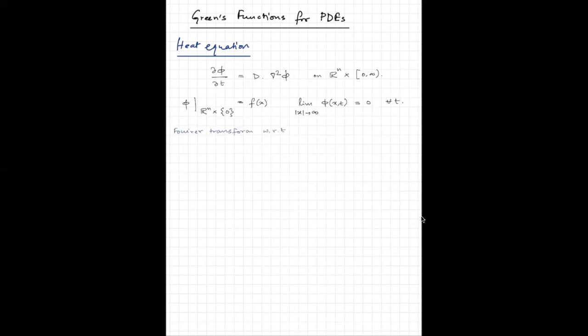So this gives us del del t of phi tilde, where we have transformed x into k and kept t as it is, equal to minus d mod k squared phi tilde of k,t, and the initial condition is going to look like phi tilde of k,0 is equal to some f tilde of k.